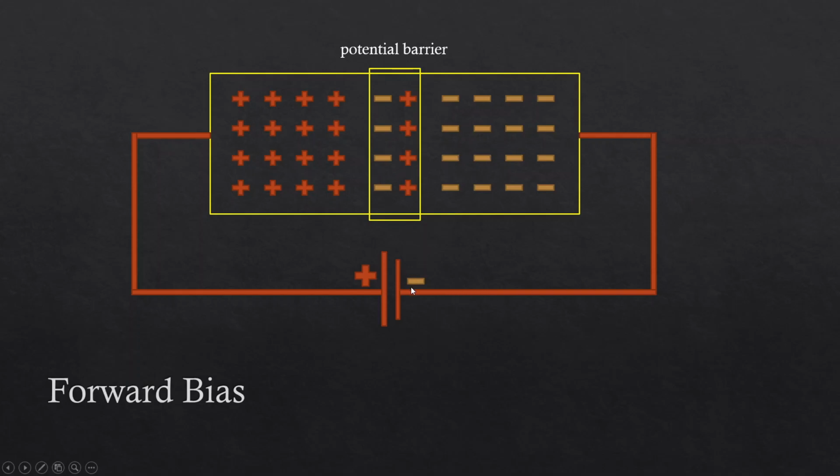What will happen? The negative side of the battery will repel the n-type material's electrons. As you already know, similar charges repel each other and opposite charges attract each other. When it repels the negative electrons, they will jump across the potential barrier towards the p-type material, and they will be attracted by the positive battery terminal, which makes the potential barrier narrow, and conduction will start.